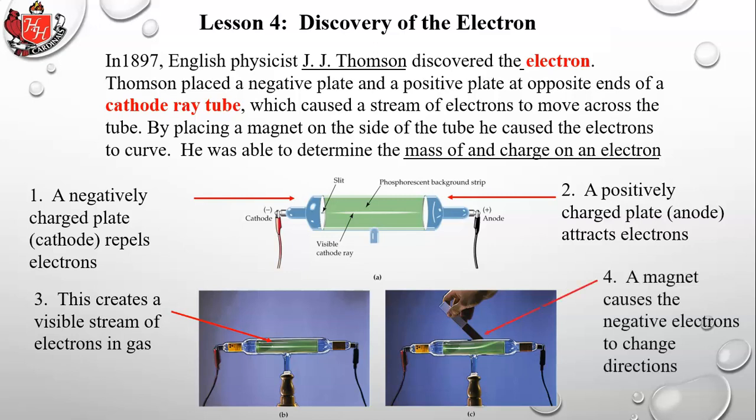And then a magnet causes the negative electrons to change directions. You can see that they're curving upward toward the magnet, which would mean it's the positive end of the magnet. Now, by knowing the strength of the magnetic field and so forth, he was able to calculate how much charge was on each electron and the mass of the electron.